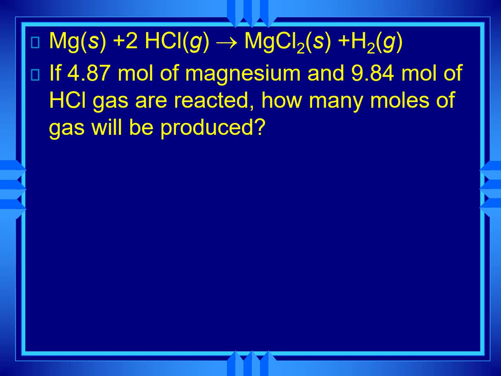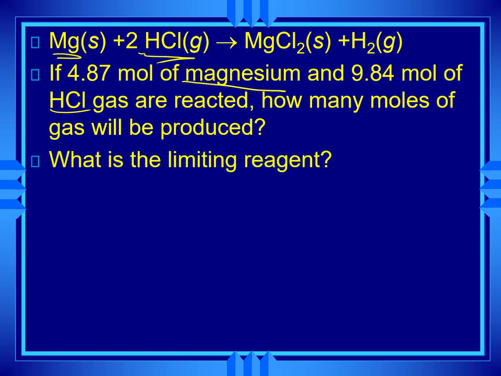You don't always have to start with grams, whatever the unit they start you with. The first step you're going to have to do is recognize that it's a limiting reagent problem. The way you recognize that is they told me about magnesium, one reactant, and HCl, the other reactant. They tell me about both reactants, I don't know which one I'm going to run out of. That was why the ones that had two reactants on the homework a couple times I had to put "and" with excess. Because you've got to know which one you're running out of.